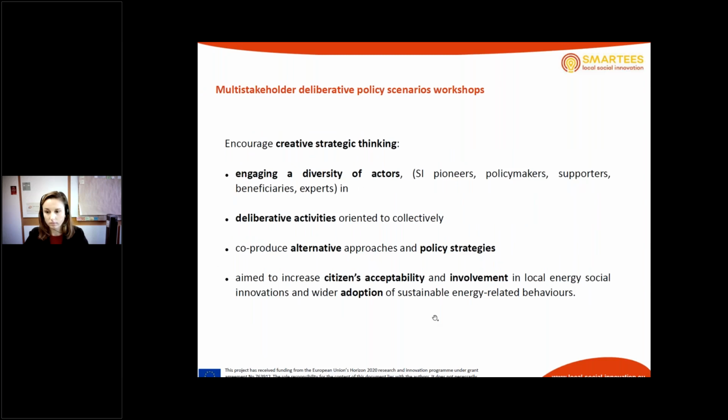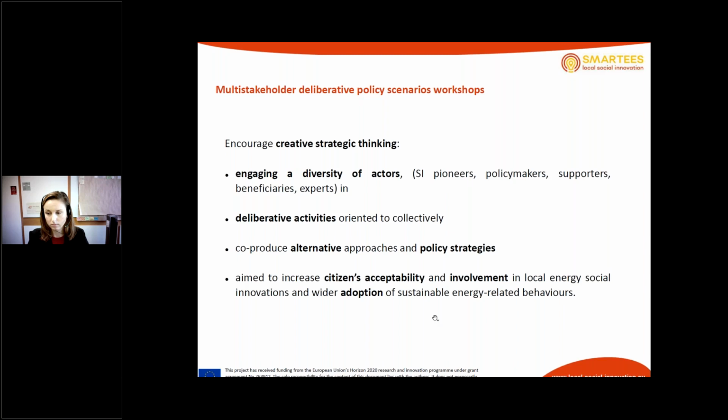The multi-stakeholder deliberative policy scenario workshops encourage creative thinking, strategic thinking, engaging a diversity of actors, for example, social innovation practitioners, policymakers, experts, supporters, beneficiaries, and so on, in deliberative activities oriented to collectively explore alternative approaches and solutions to increase citizens' involvement in local energy social innovations and wider adoption of sustainable energy-related behaviors.